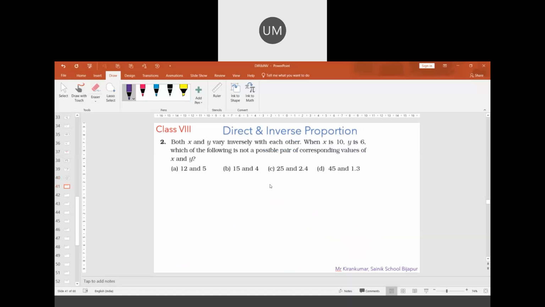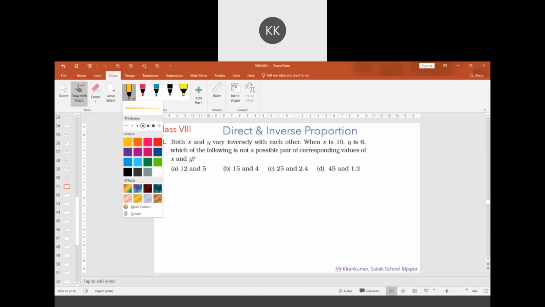Right. Let's look at question 2. Both x and y vary inversely with each other. When x is 10, y is 6. Which of the following is not a possible pair of corresponding values for x and y? Like the previous question, here we have to consider the product as constant.